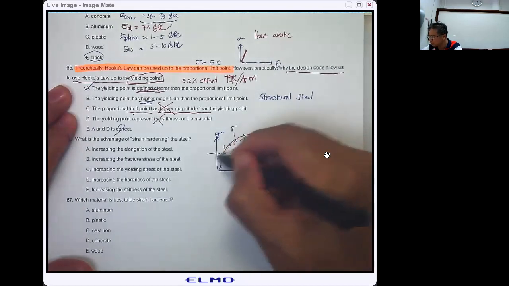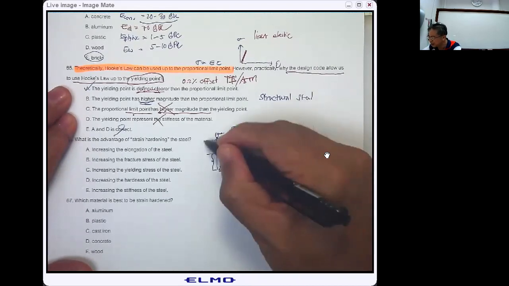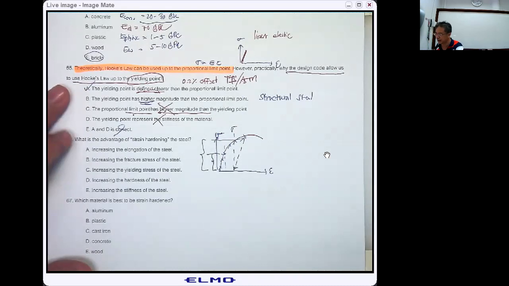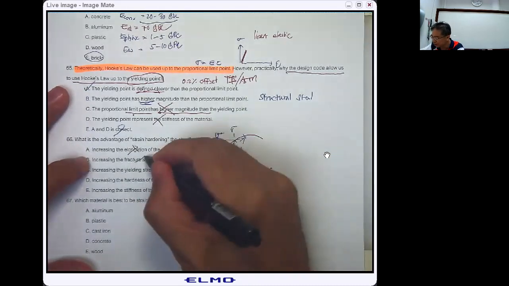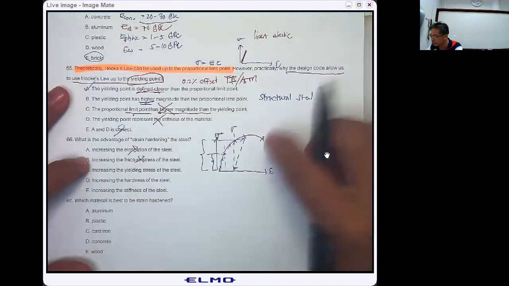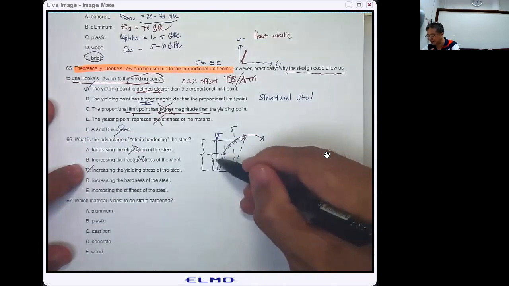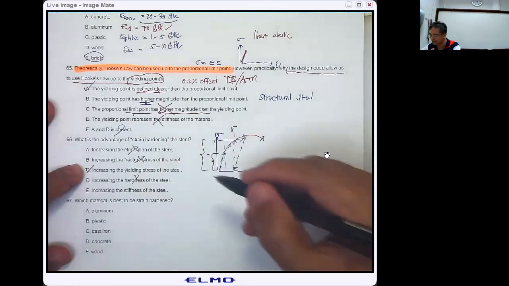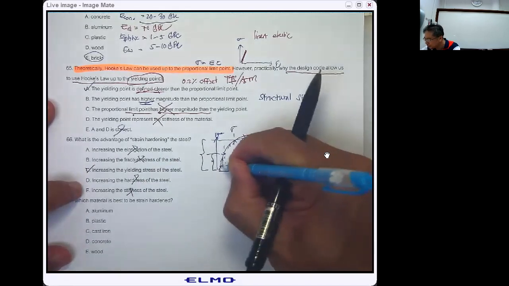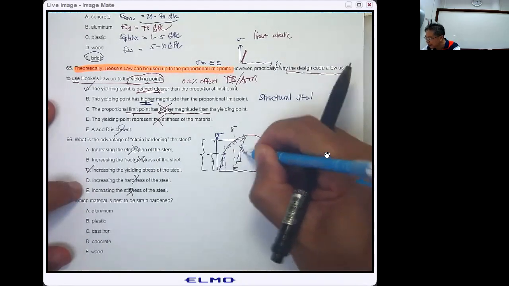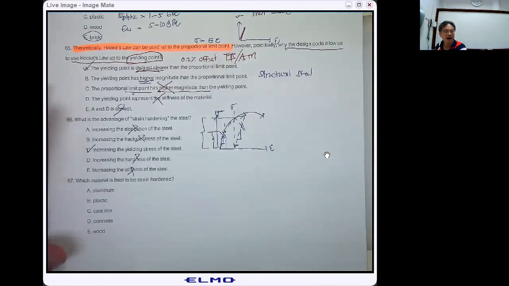What happened is usually we have the yielding here, but by using the strain hardening, the yielding just increases like this. So it won't increase the elongation. It won't increase the fracture stress. It's going to be the same fracture stress. It's going to increase the yielding like this. Okay, it's not increasing the hardness. It's not increasing the stiffness because the slope here and the slope here are equal. Okay, so you answer this.